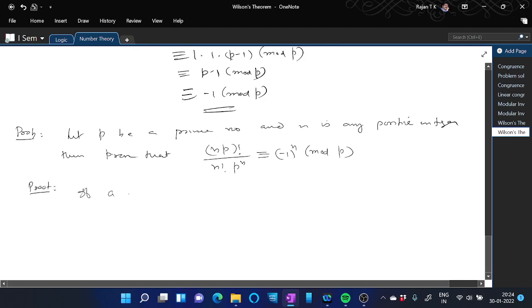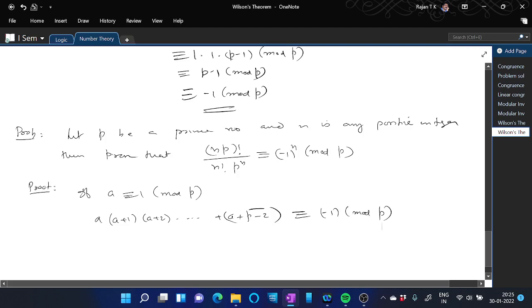If a is any positive integer which is congruent to 1 mod p, then the product of the integers a, a plus 1, a plus 2, etc., up to a plus p minus 2 is congruent to minus 1 mod p.